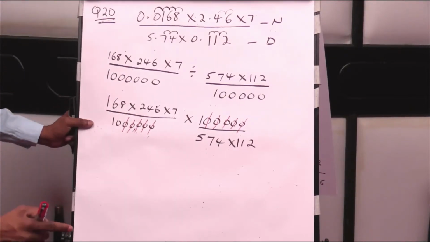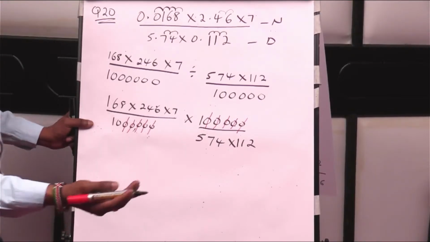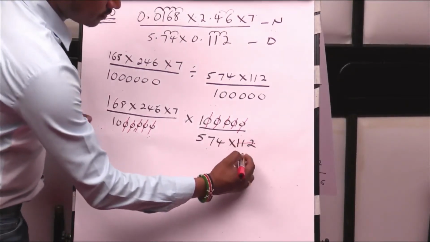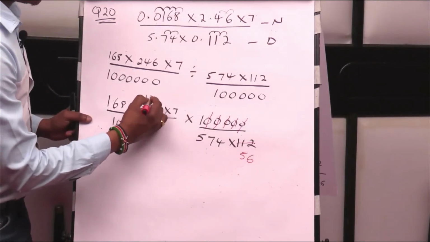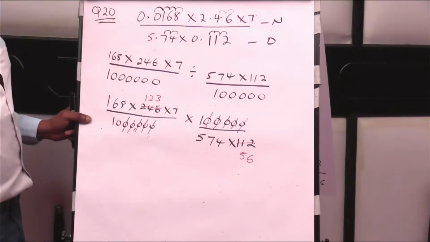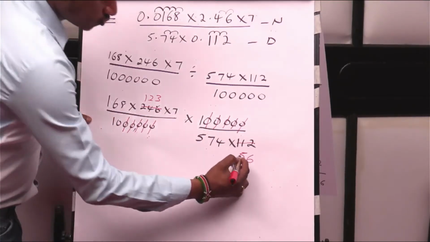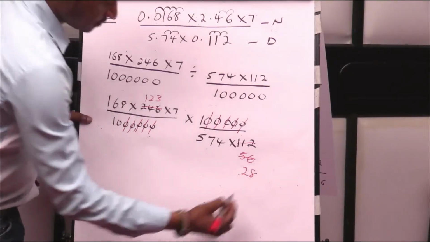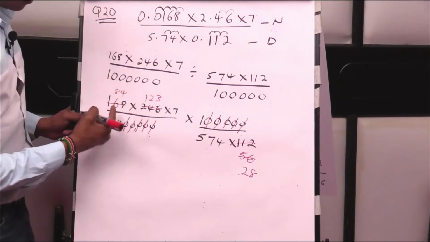Then let's use 2. 2 goes here, 56. 2 goes here, 123. Then 2 goes here, 28. 2 goes here, 84.